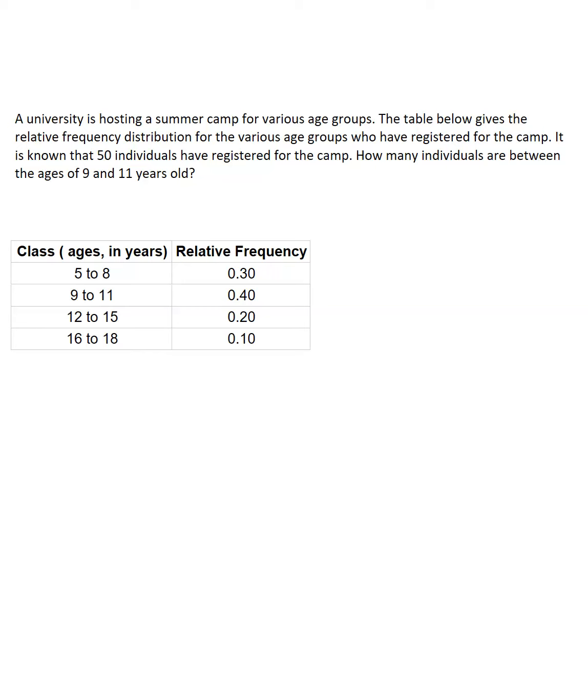We do have some help. We are told that there are 50 individuals totally in this table who have registered for the camp. So we are asked to find how many individuals are between the ages of 9 and 11 years old. If you look at it correspondingly on the relative frequency column, you see 0.4. So then you have basically the frequency.